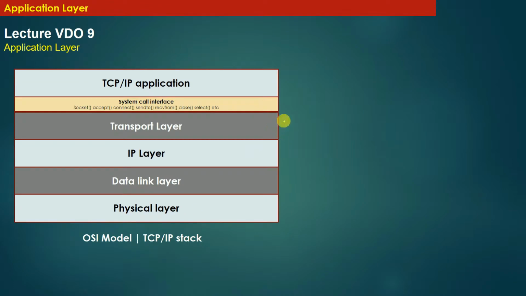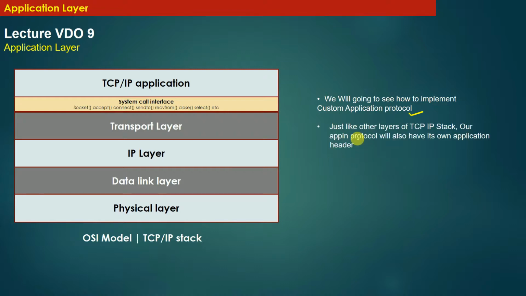So remember our old TCP/IP stack, right? We are going to see how to implement a custom application protocol. That is, we are going to write our own application protocols. Just like other layers of the TCP/IP stack, our application protocol will also have its own application header. The transport layer protocols have their own headers like the TCP header and UDP header.